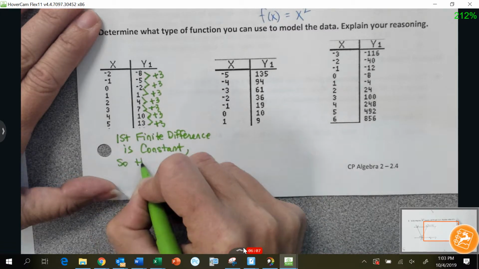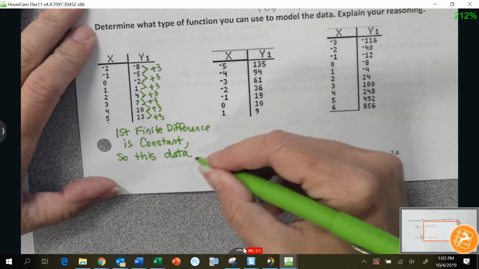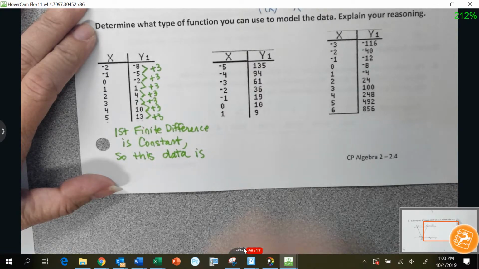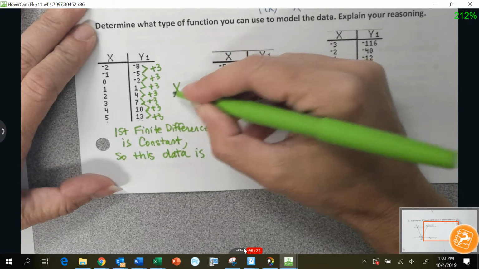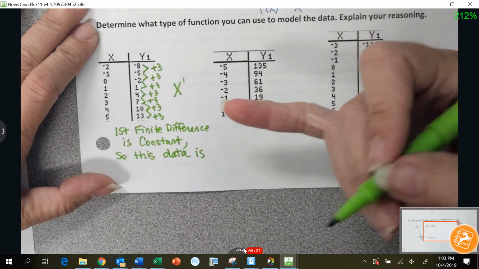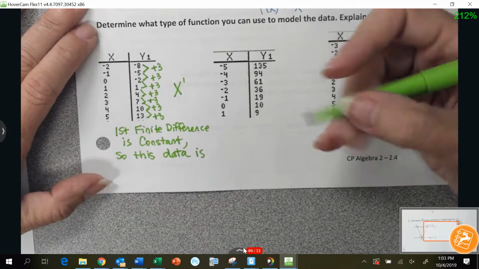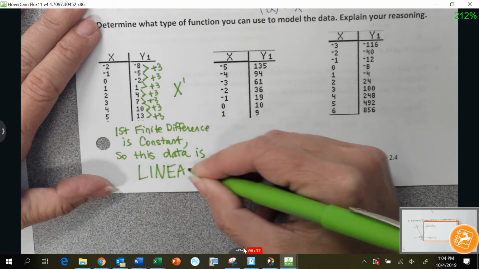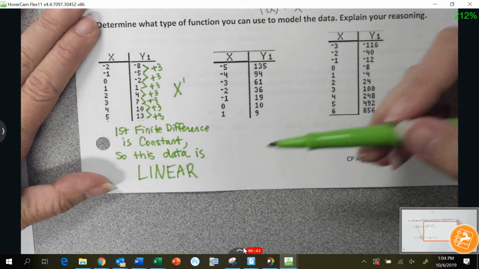So this data is, if we have the first finite difference constant, that means I'm going to be x to the what? To the first. What kind of graph is x to the first? Linear. It's a line. So this data is linear. So if I were using my regression feature on the calculator, I would use linear regression.